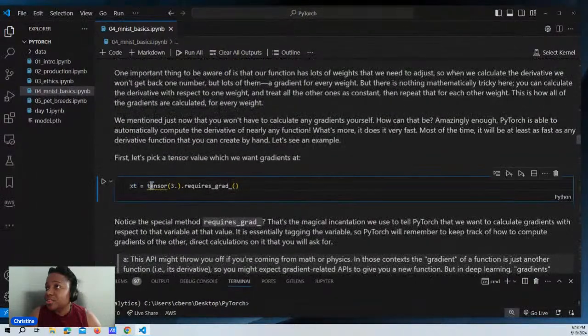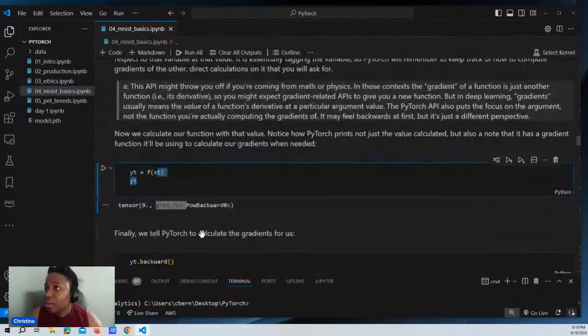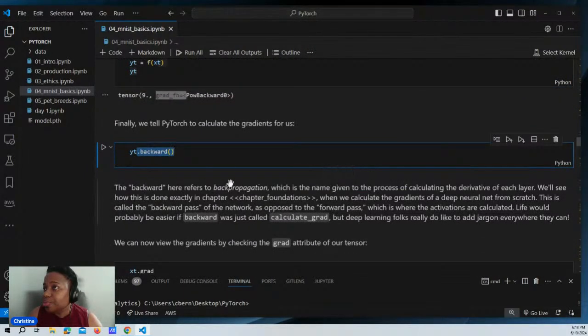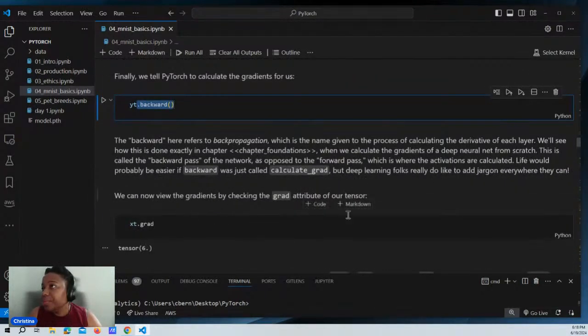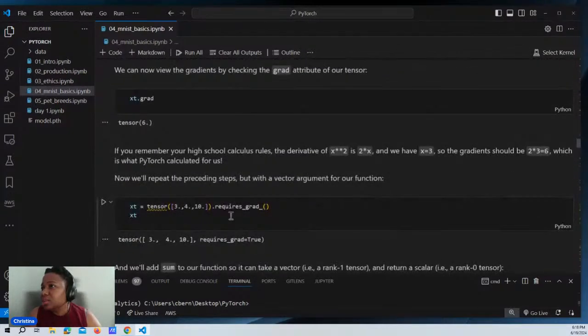Because they say this tensor of 3 requires gradient, they plug it in. And then we calculate backward for the gradients, which is back propagation. We're going to calculate the derivative at each layer. And we'll see how this is done later according to them. And we'll check the gradient attribute of our tensor while we're at it.